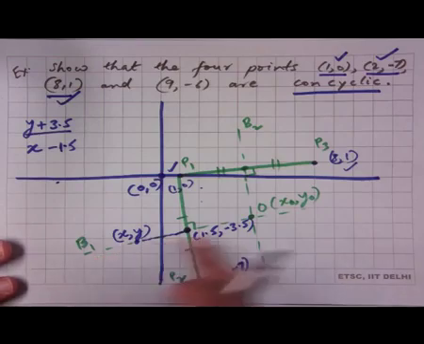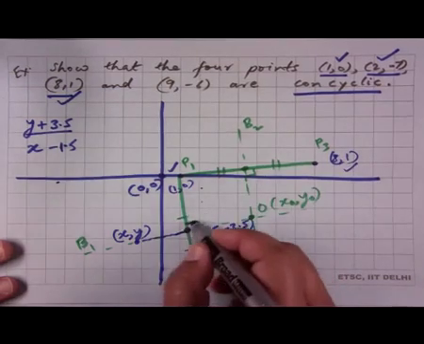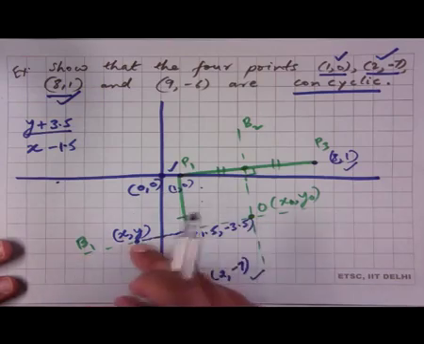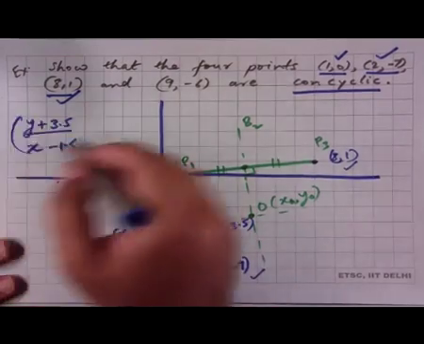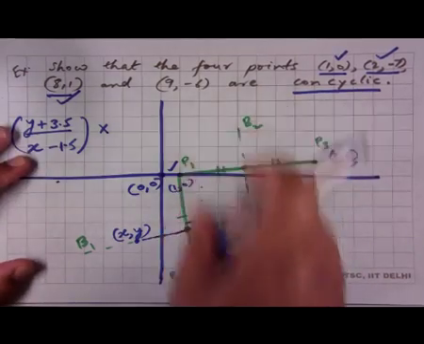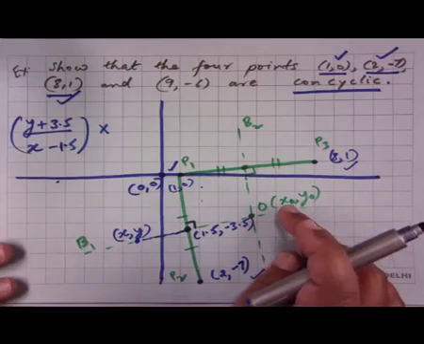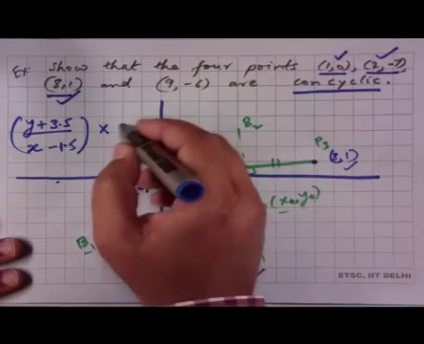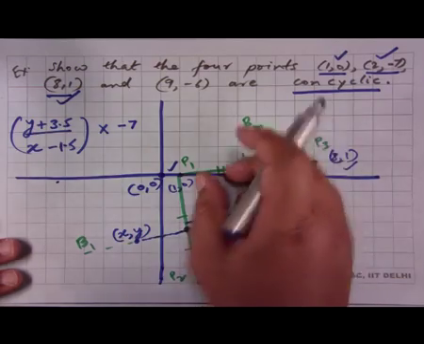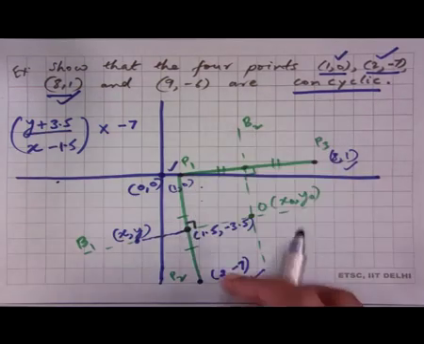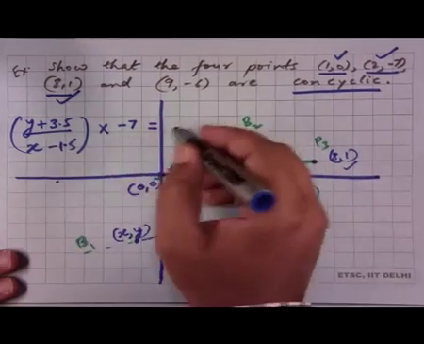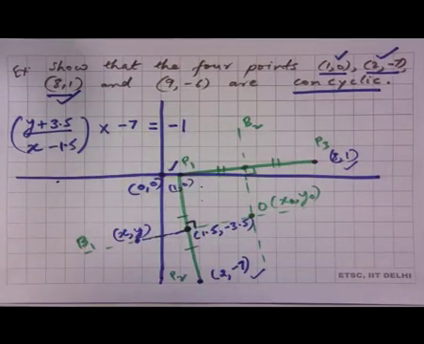And since this perpendicular bisector and the chord are at 90 degrees, the product of the slope of the perpendicular bisector, which is this expression, times the slope of the chord P1, P2, which is minus 7 minus 0 divided by 2 minus 1, which is minus 7, must be minus 1.